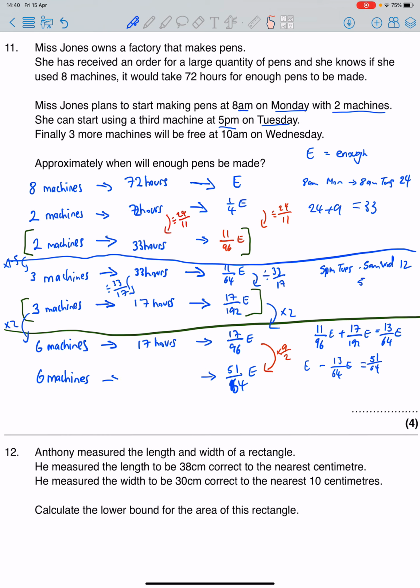So the 6 machines will take, so we're doing 17 times by 9 over 2. So what is 17 times 9 over 2? Well, that's going to be 153 over 2. So 153 over 2 hours to make the rest of the pens.